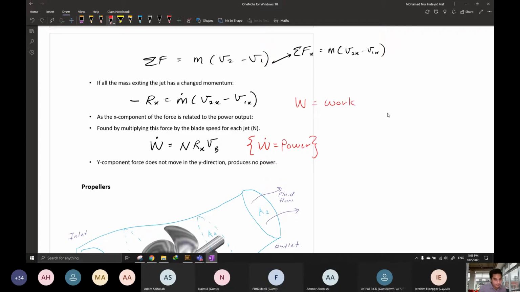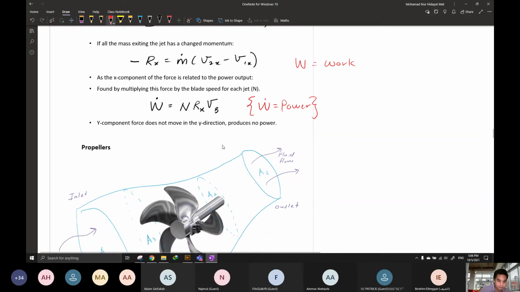The work has the same unit as energy, which is joule. Okay, so how to get the power output from the series of turbine blades? N represents the number of blades, R is the reaction force that is holding the blade, and VB is the velocity of the blade.